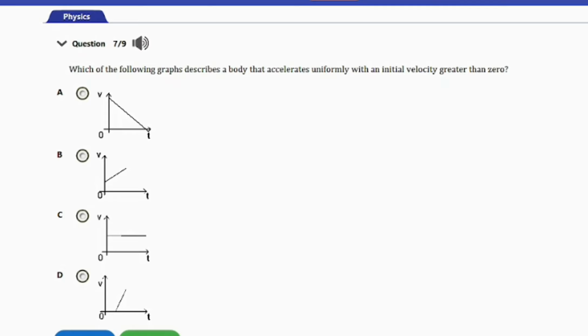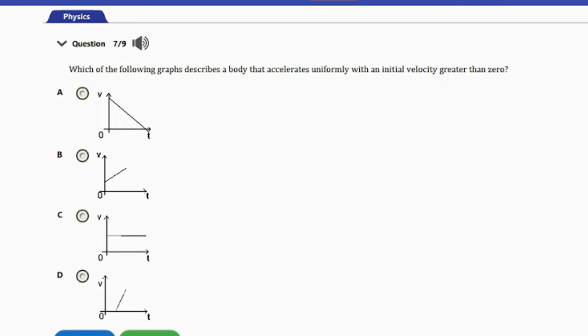So let's take note that a body accelerating uniformly with an initial velocity greater than 0 means that a change in velocity leads to a change in the time, and there is the initial velocity here. So you see that the only graph that illustrates this is the graph in B.